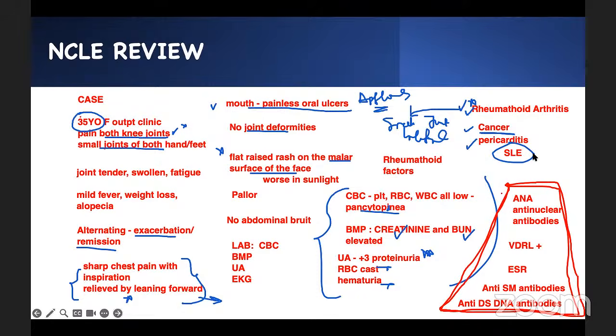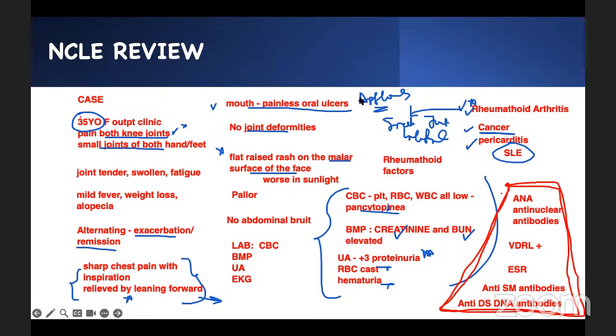Okay, so did anybody make a diagnosis? Yes, this is systemic lupus. Classic systemic lupus is an autoimmune disease that makes your body produce antibodies that affect your skin, your lung, your kidney, and your joint. Almost every organ in your body can get affected by that.